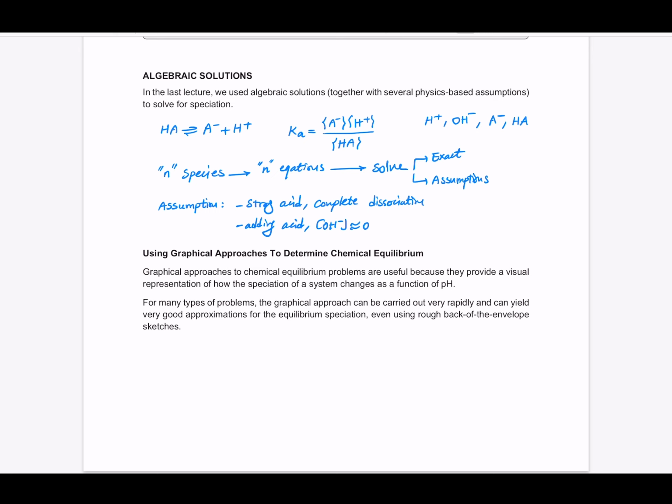The other thing is that constructing these graphs for an acid-base solution is most of the time pretty fast. Sometimes by just doing rough back-of-the-envelope calculations, we can have a general sketch of a system, and that would be very fast compared to using the algebra we talked about in the previous lecture. So there's a big advantage to using graphical solutions to figure out the speciation of a given acid-base reaction.